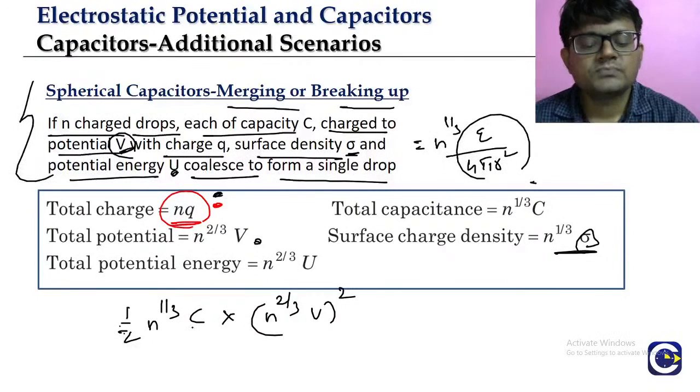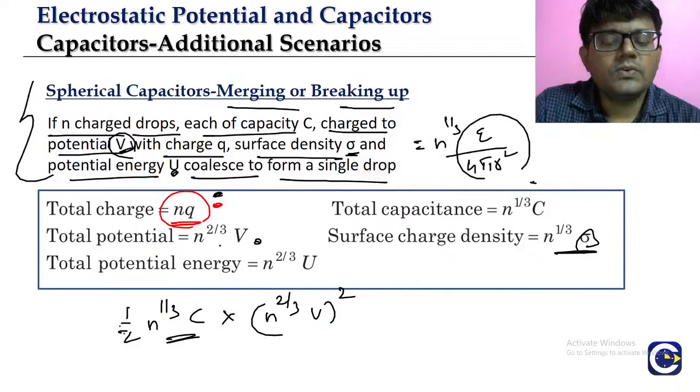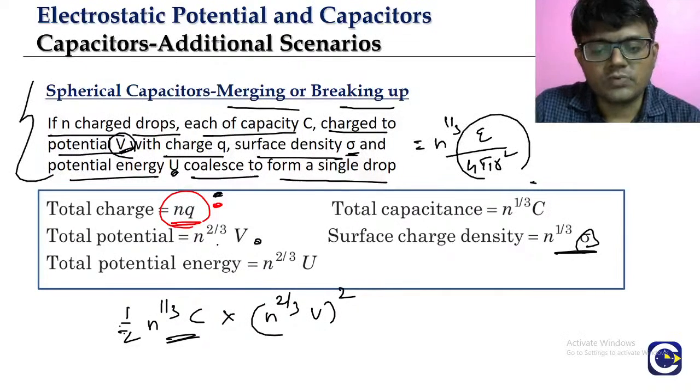Half into capacitance c into potential square. Okay, so in this we will be able to get the comparison of the potential energy.